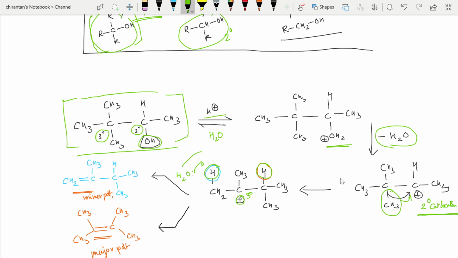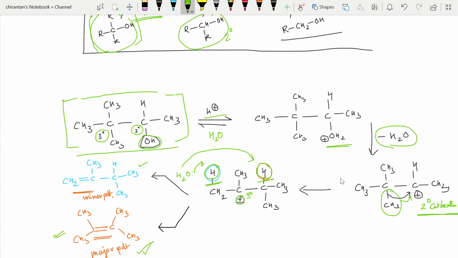If it takes this proton marked in blue, it will give this specific alkene. And if the proton marked in orange is taken by the H2O molecule, then we will get the product drawn in orange ink.